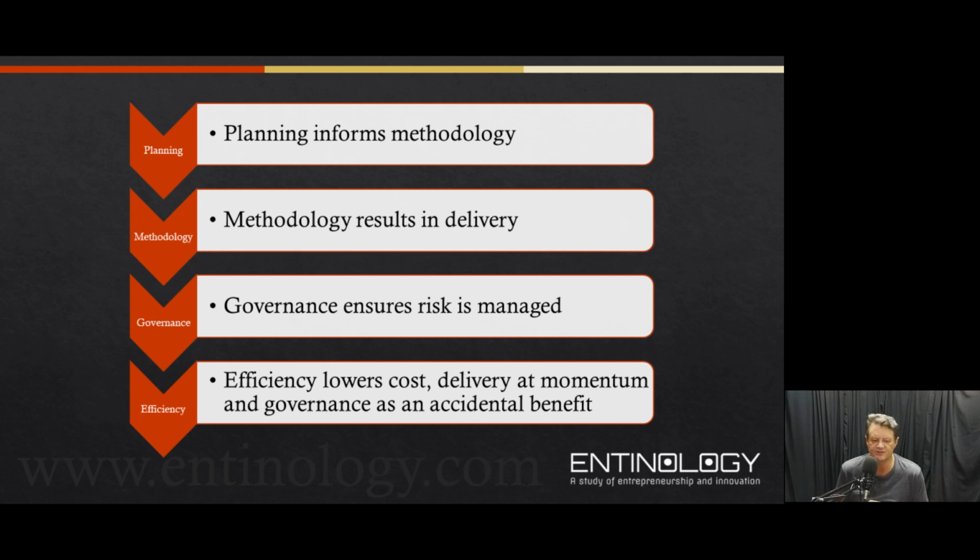Right, the next thing is efficiency. Efficiency lowers cost, gives delivery at momentum, and governance as an accidental benefit. I want to be very spiteful around governance because I want to push that envelope a bit as an accidental benefit. Because governance is actually an outstanding way of interpreting information. To ensure that governance is accidental means that you need to put discipline in your organization in the use of tools.